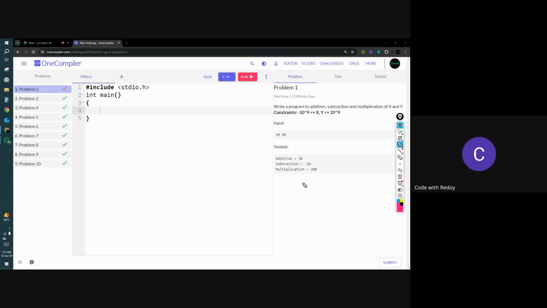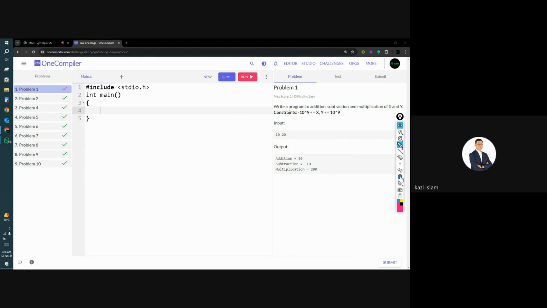From now, if you see a constraint in any problem, you need to think about which variable you should use: integer or long long?